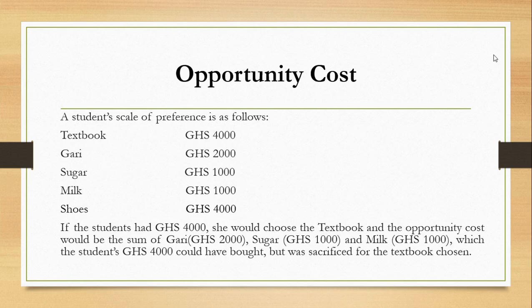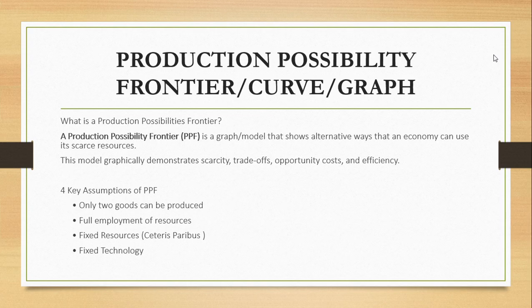So adding the price of milk, sugar, garri, we have 4,000 Ghana cedis. In other words, we are saying if the student chooses the textbook, it means he has sacrificed garri, sugar, and milk. Right? That is the opportunity cost concept.